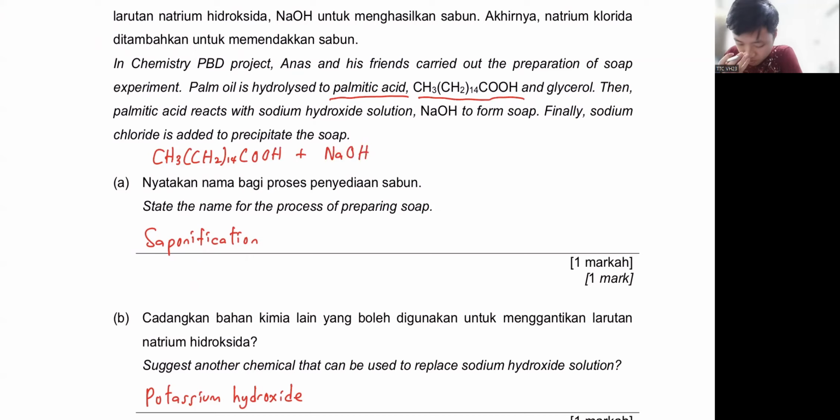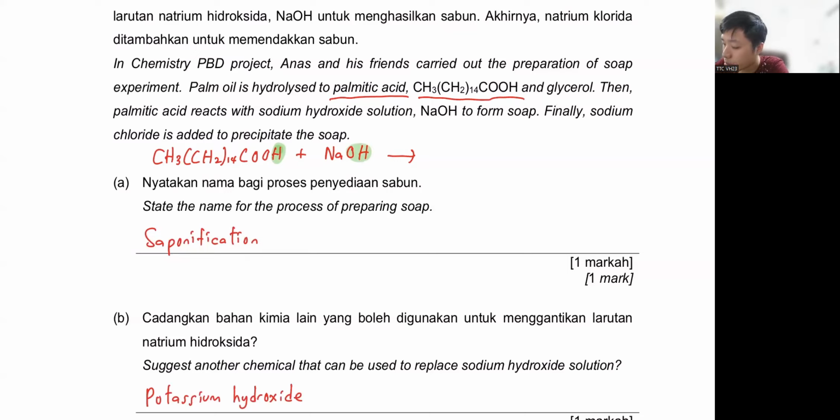What does it become? Still remember the property of acid, what happens? If you remember, it undergoes neutralization. What do you take out? They take out water. Salt and water. So which one is salt? The salt here is actually the soap. So take out the H here and OH here.